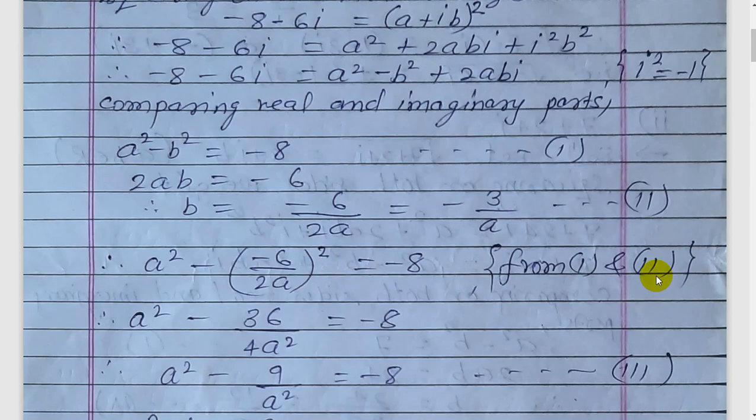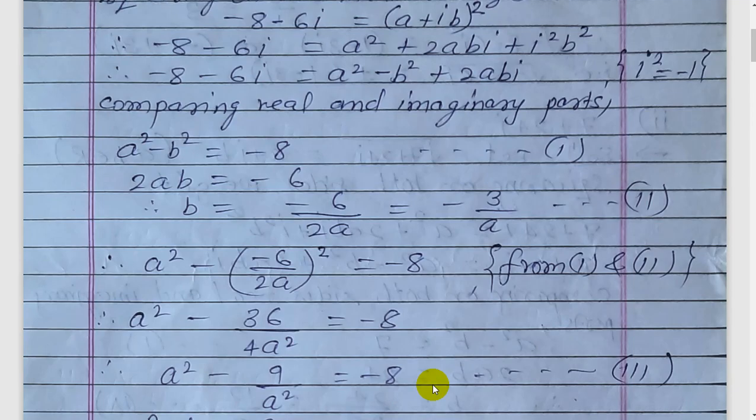Therefore a square minus 36 upon 4a square equal to minus 8. Now dividing, we get a square minus 9 upon a square equal to minus 8; let it be equation third. If we multiply by a square on both sides, we get a 4-degree equation: a raised to 4 minus 9 equal to minus 8a square.